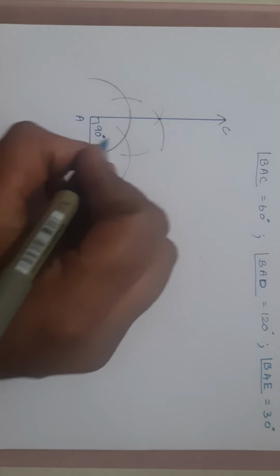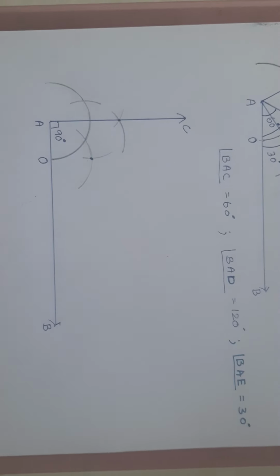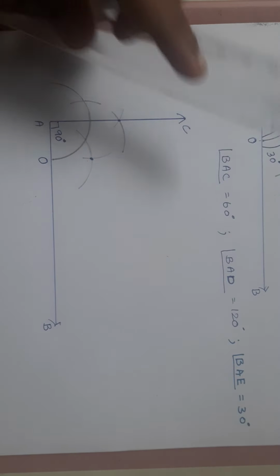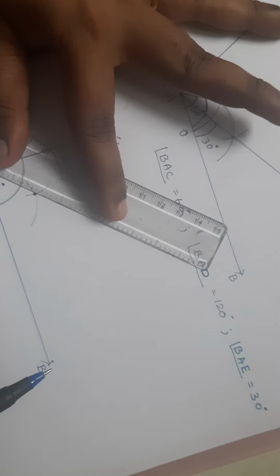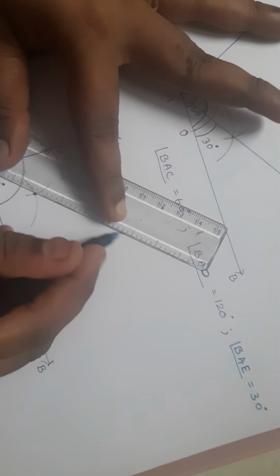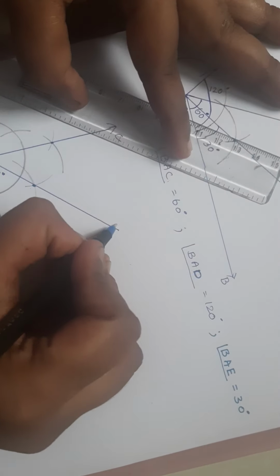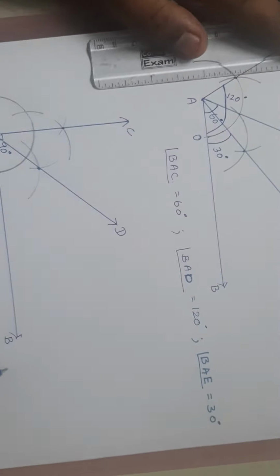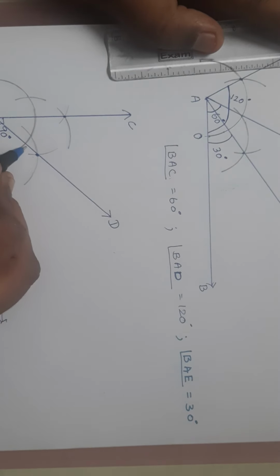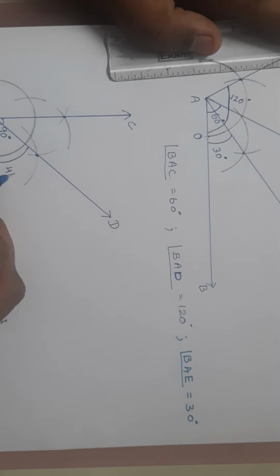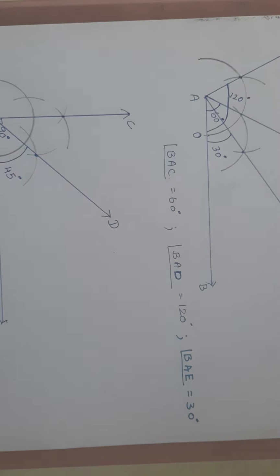So you will get one intersection point. Join the intersection point, D. That means BAD. BAD is 45 degree. You can check with your protractor also.